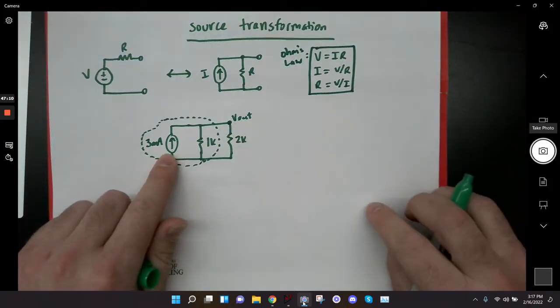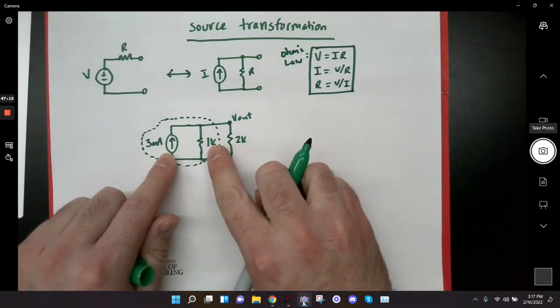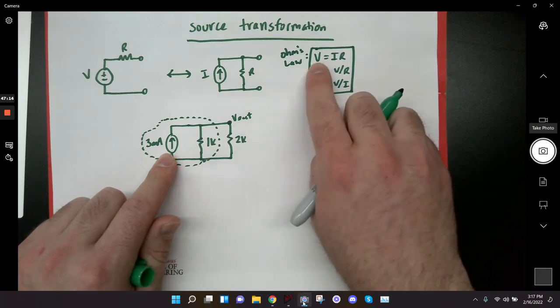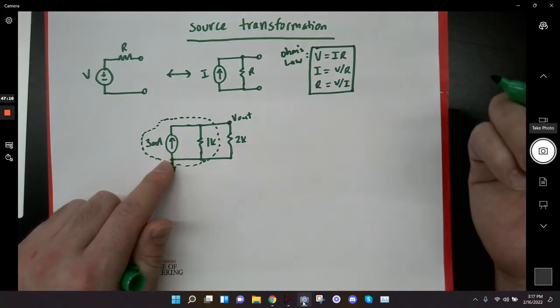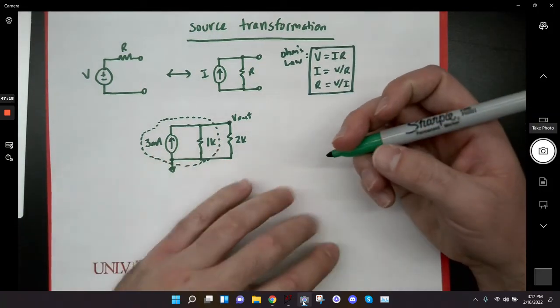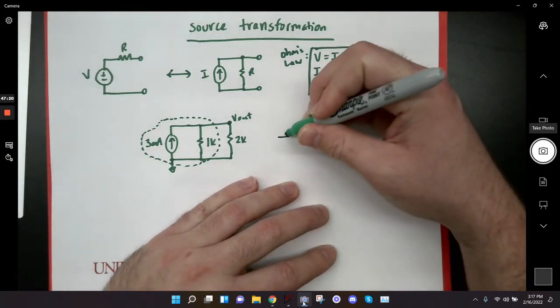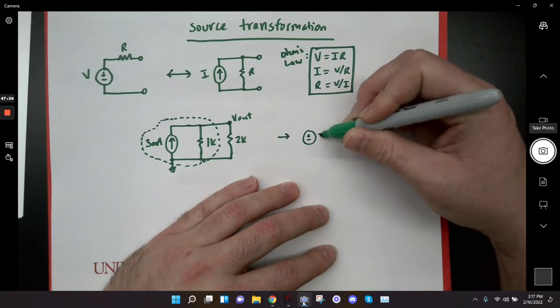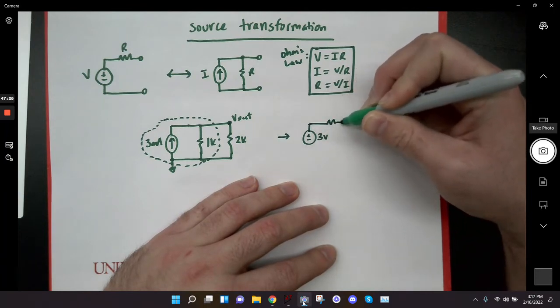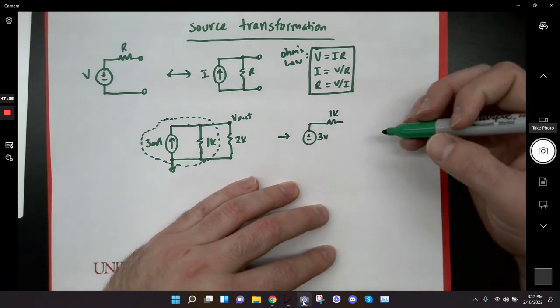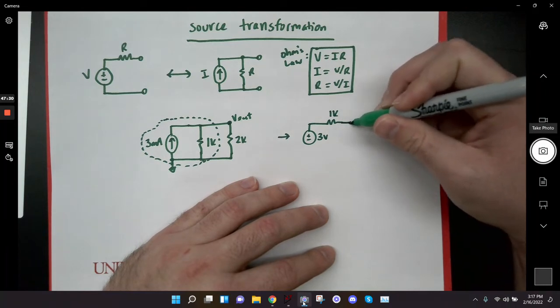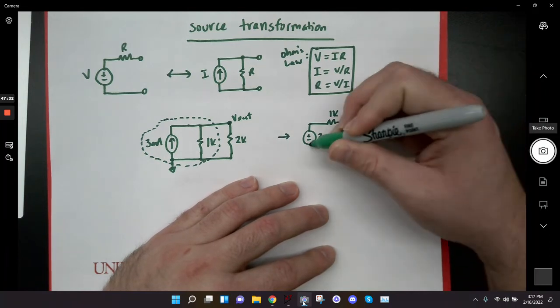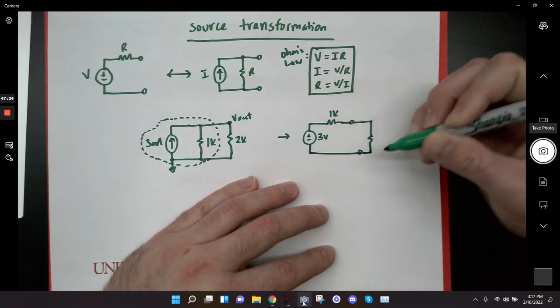If I have this I and this R, and I want to find the voltage, I do I times R. So 3 milliamps times 1K gives me 3 volts. So my equivalent circuitry here is going to be a 3 volt source in series with a 1K. That makes sense? And then I plug the 2K right back in.